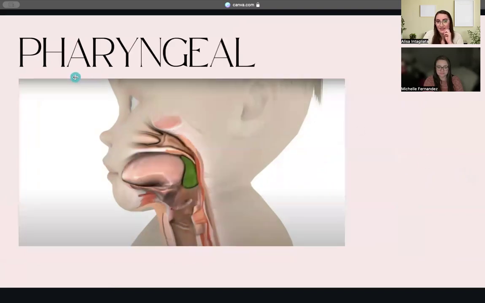The next phase is the pharyngeal. This is one of the complex stages of the swallow because there's a lot that goes on with it. At this point, the bolus has exited the oral cavity and is now in the pharynx. You can see right here, it's in the pharynx.